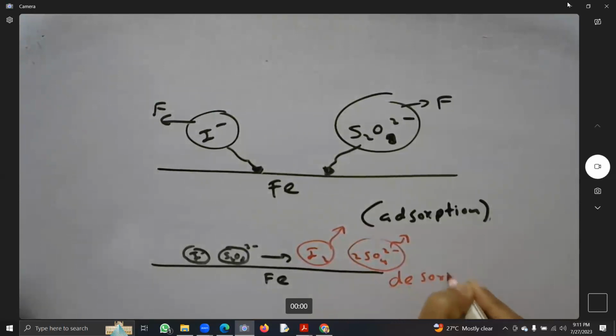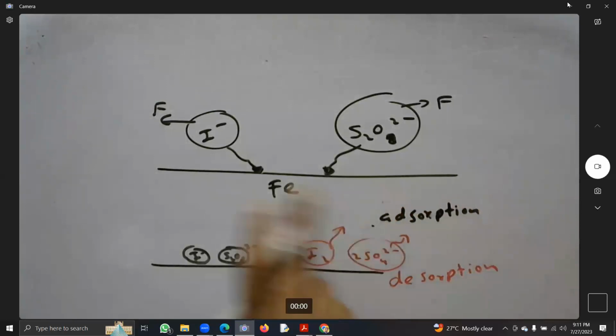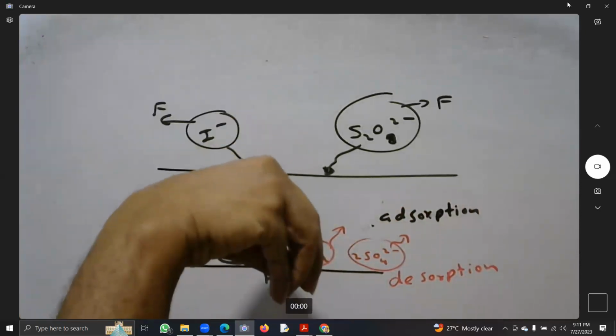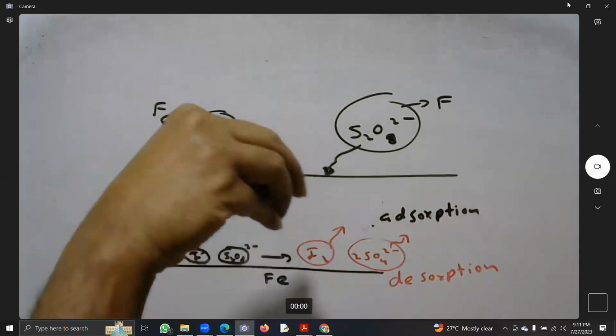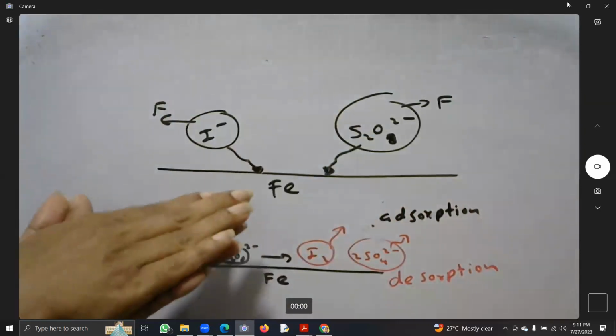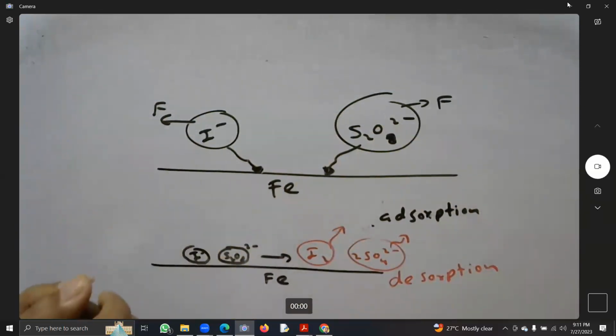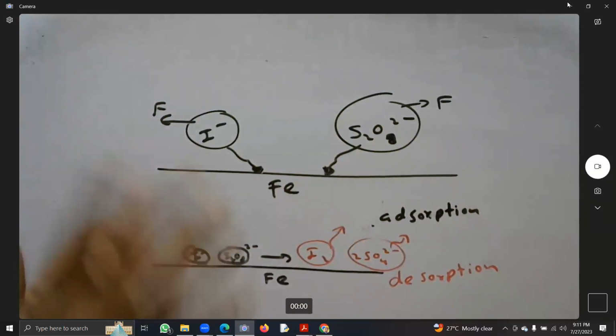You remember these two words. Absorption is not here. Absorption means like this: if I put paper inside the water, the water will get absorbed. But if I put powder onto a paper, it's adsorption. Did you see the difference between absorption and adsorption?